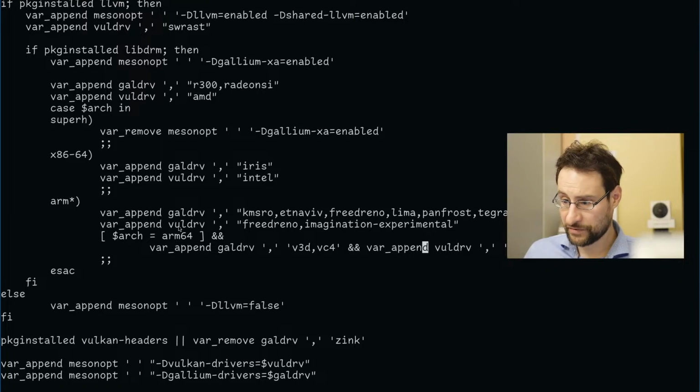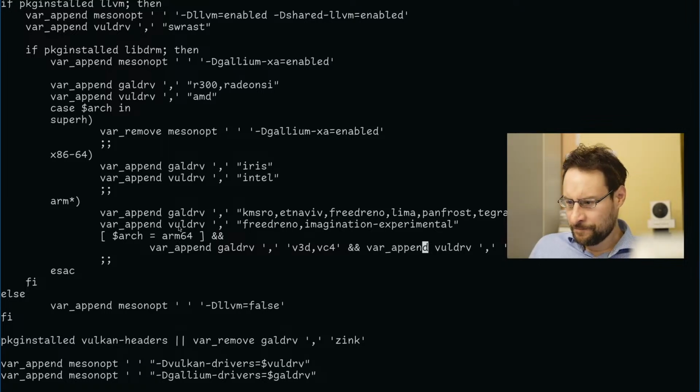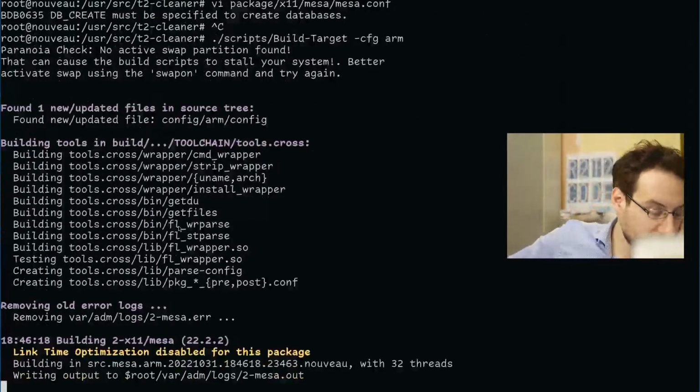Probably makes more sense instead of hard coding that. So that's the default list for both of them, and then ARM64. I guess we don't need imagination experimental for ARM either, but that's what it is now. So Vulkan driver. Let's see if that builds more and better.